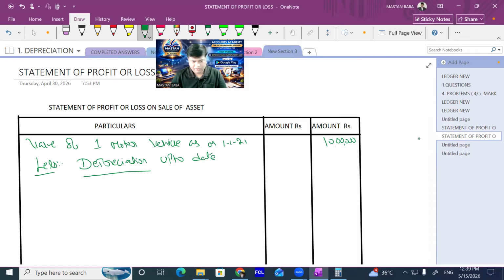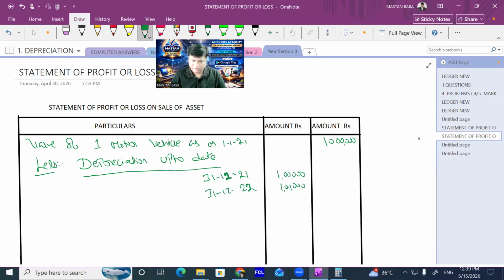So we have a clear idea. On 31/12/21, we charge the depreciation for the full year, it is 1 lakh. Second year, 31/12/22, we have charged for the full year, that is one more 1 lakh.